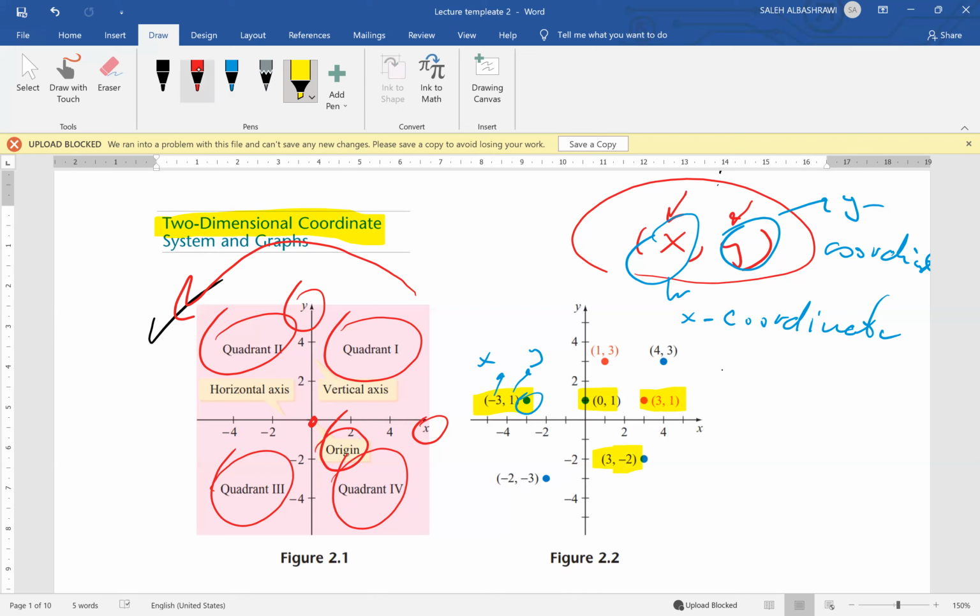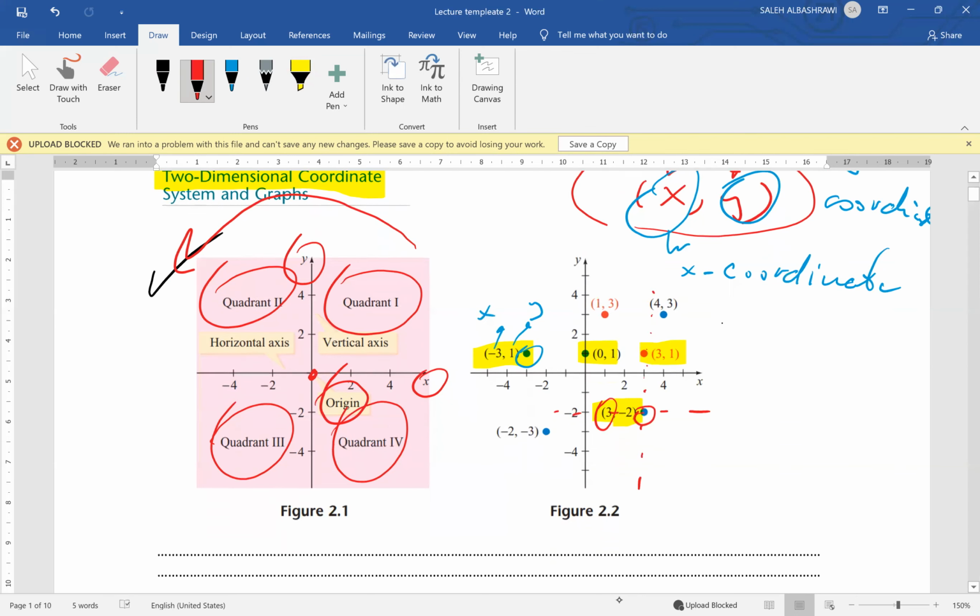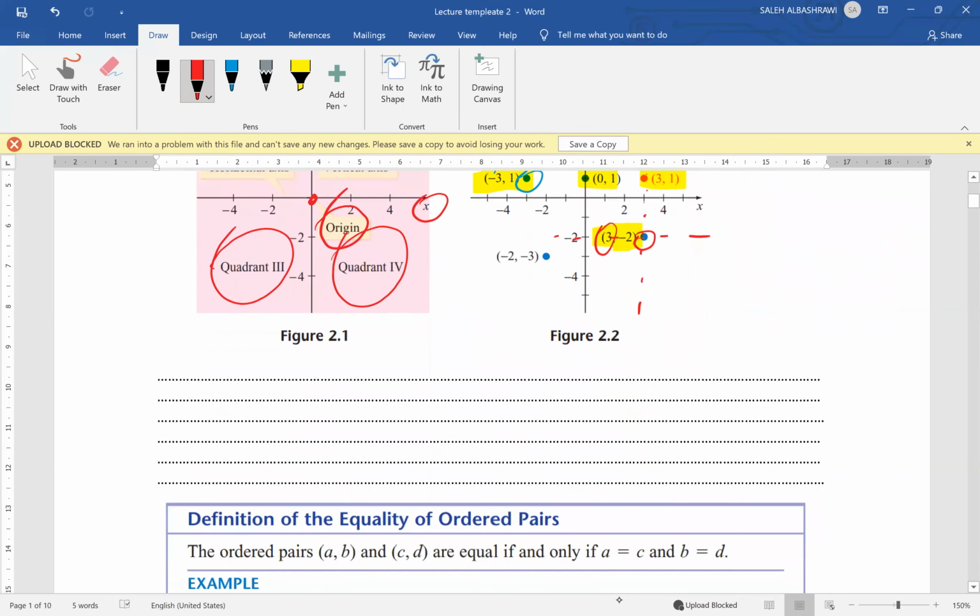Usually, to plot a point in the xy plane, we start with the x value. This is 3, so go for 3, and minus 2 is the intersection between the two lines. x equal to 3 and y equal to minus 2. So this is the xy coordinate.